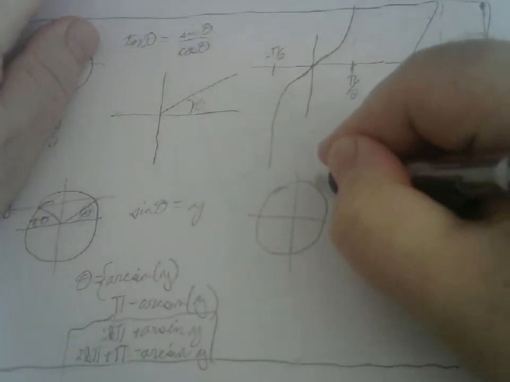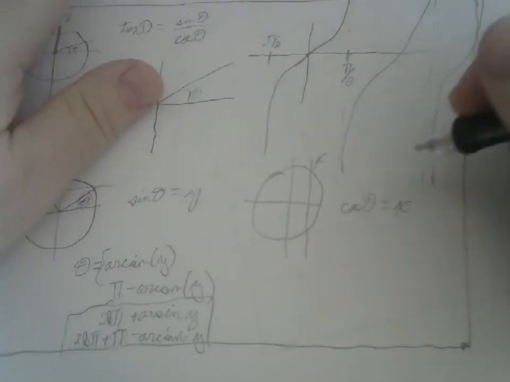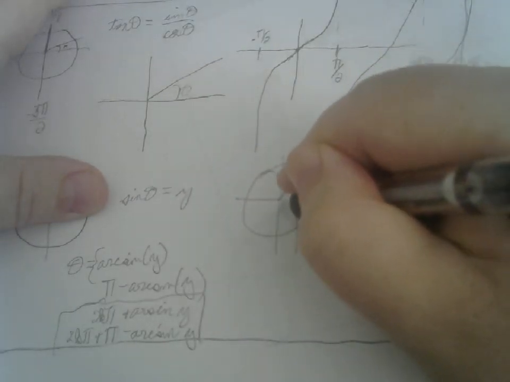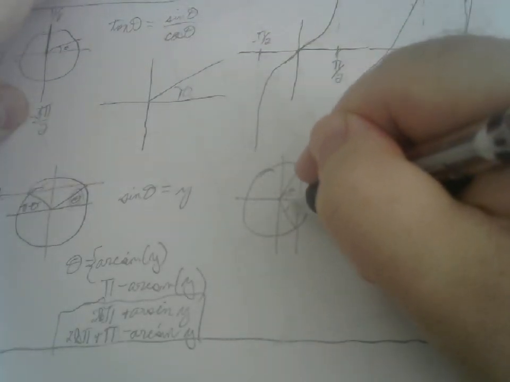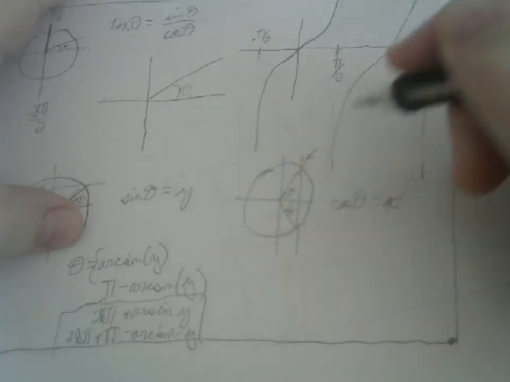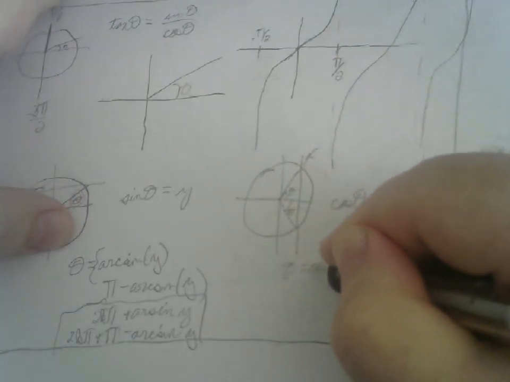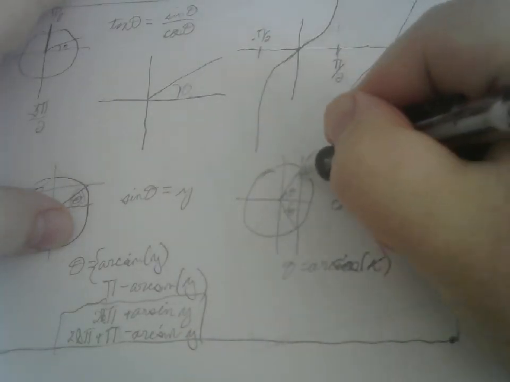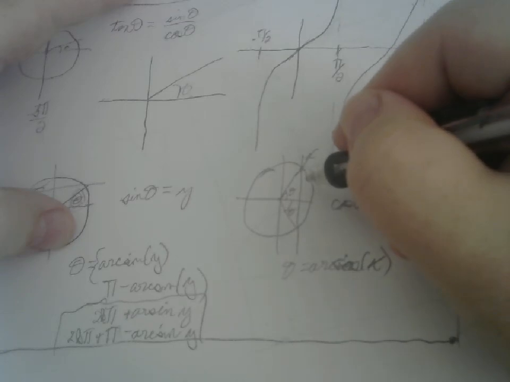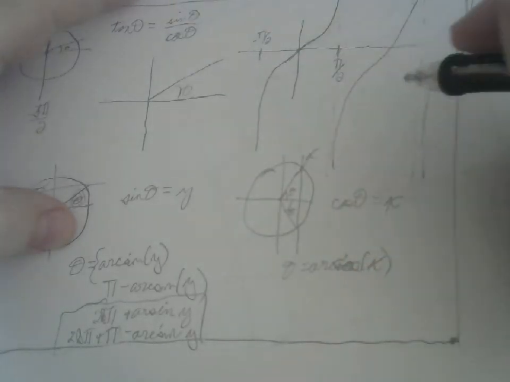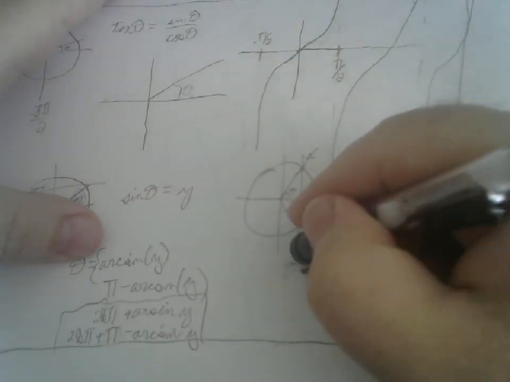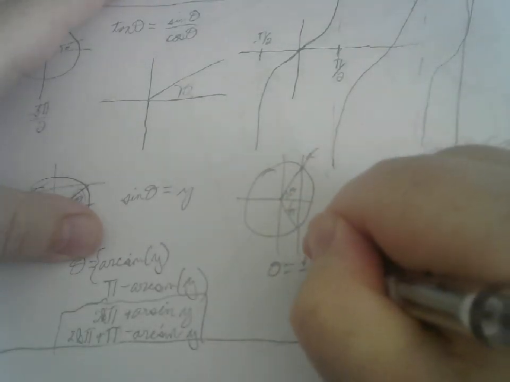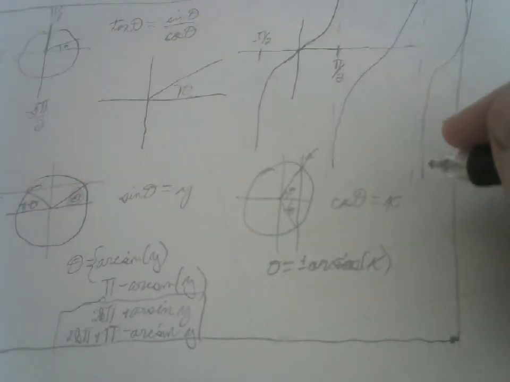With cosine theta, you do the same thing, except here we'll put x, and in this case, the angles are theta here, and this one's much easier because here there's a symmetry around the 0, so we just have theta equals arc cosine x, that's this one here, and we'll have the negative of it. So theta equals plus or minus arc cosine x.